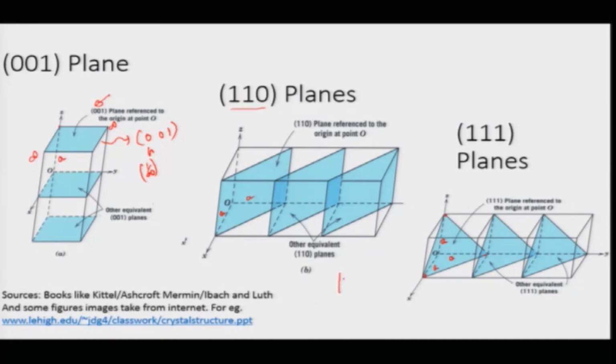So if you have a plane which goes along the diagonal of the cube, then that is your 1, 1, 1 plane, and with this you can identify different sets of lattice planes and index them.